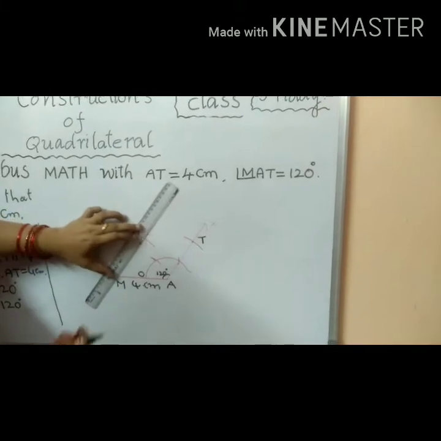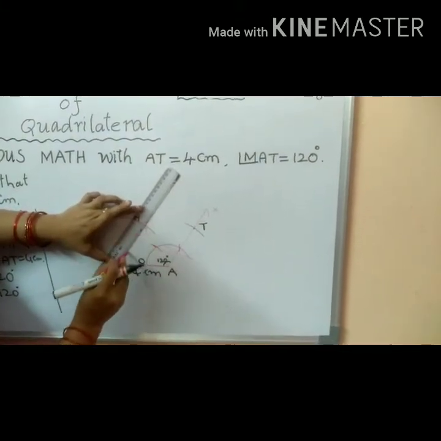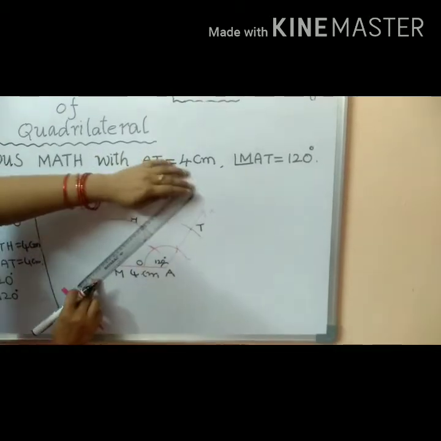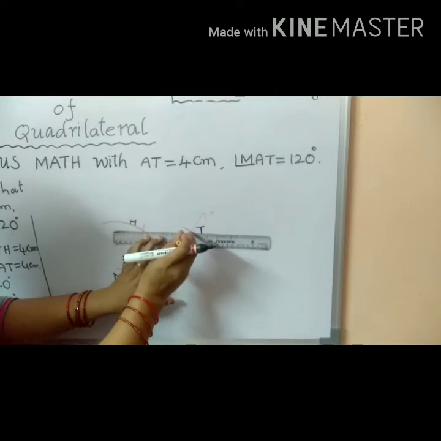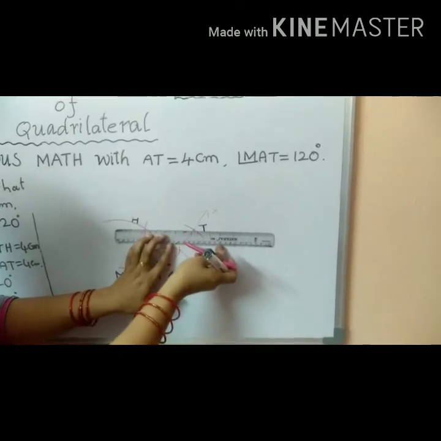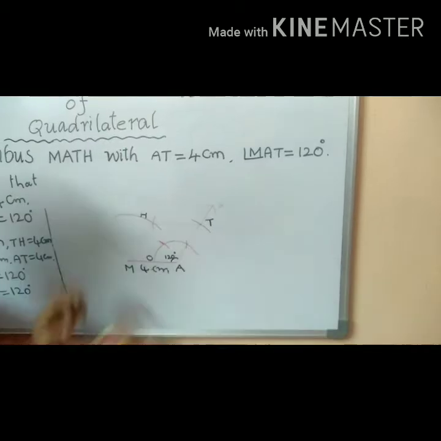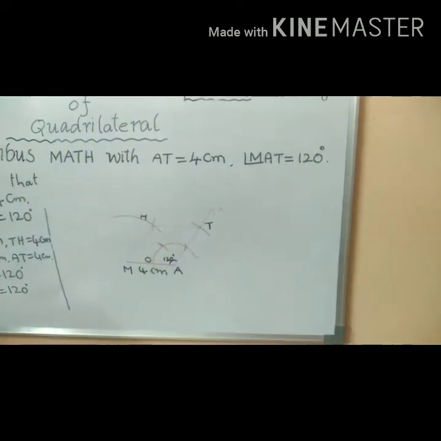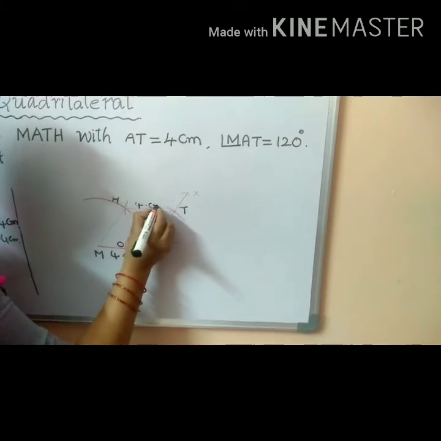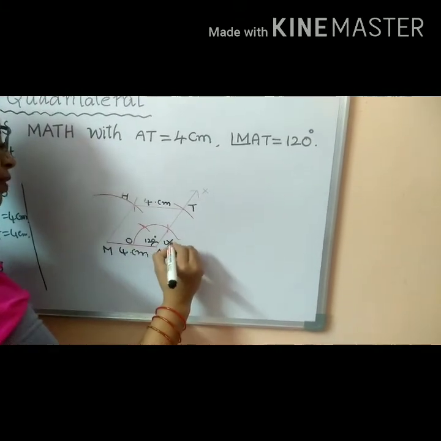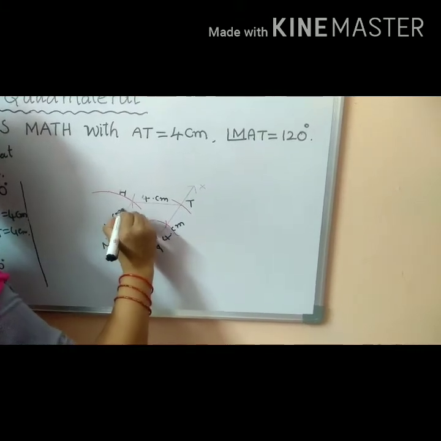Now join HM and join HT. Okay. Now all sides have the same radius, you have to take, then mention the radius 4 centimeters, 4 centimeters, 4 centimeters.